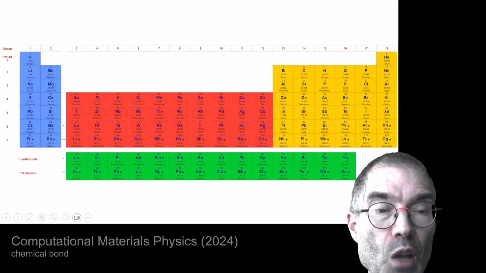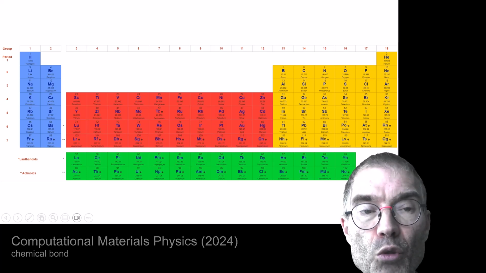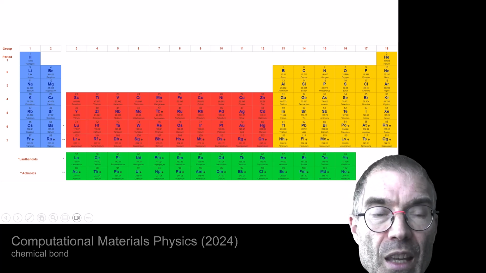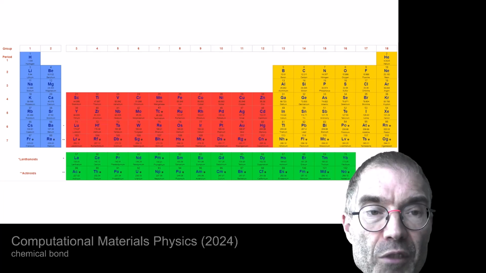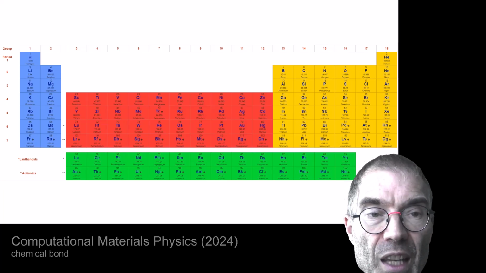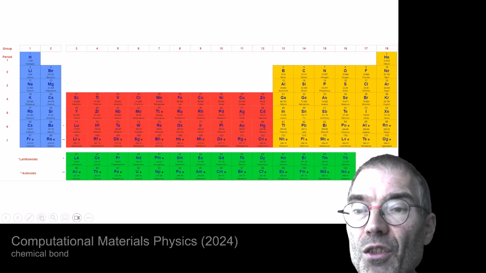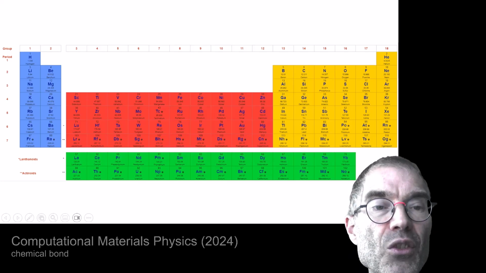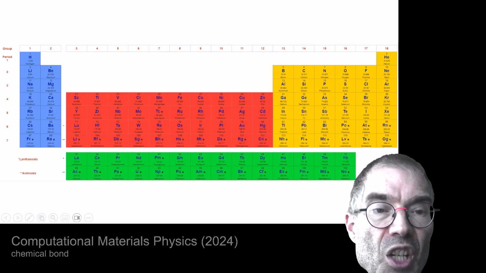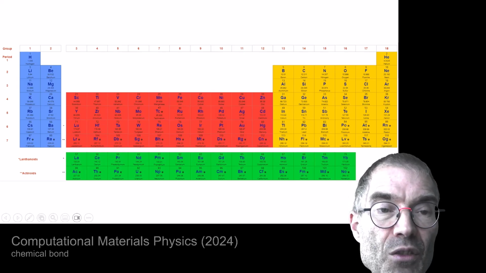Look at the carbon atom as one of the many possible examples. If you look at the position of the carbon atom in the periodic table, you have a complete 2s shell, and you start filling the 2p shell. And you have only 2 electrons in the 2p shell.